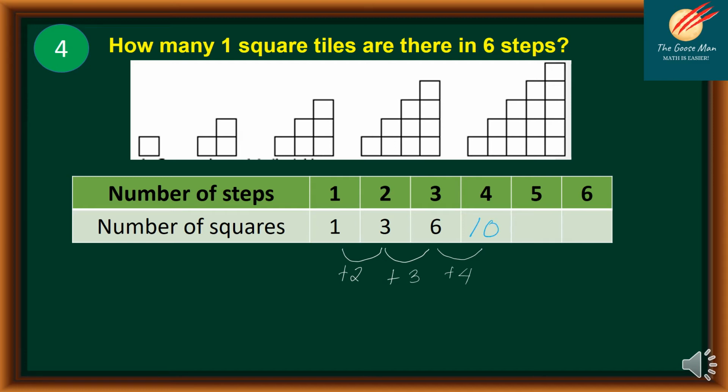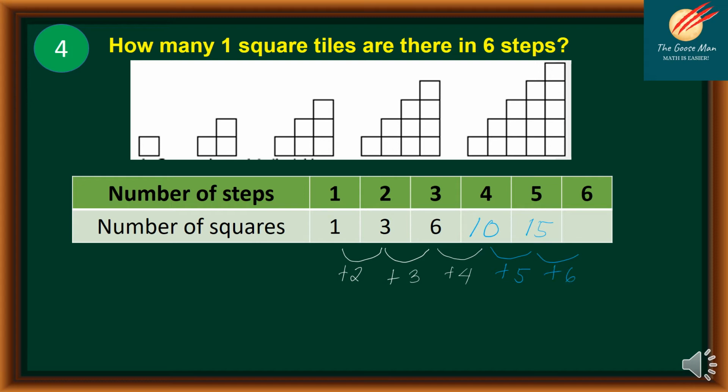Okay? Next, we have the difference between 10 and the next number, which is 5. So we have 10 plus 5, which gives us 15. Next, the difference between 15 and the next number is 6.